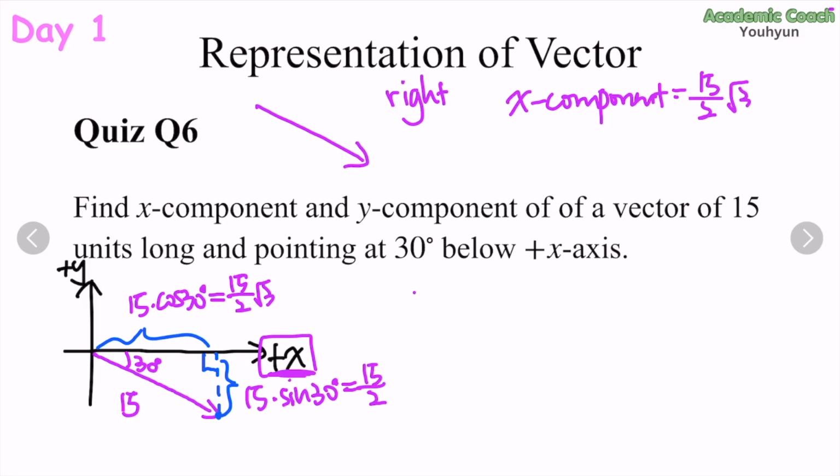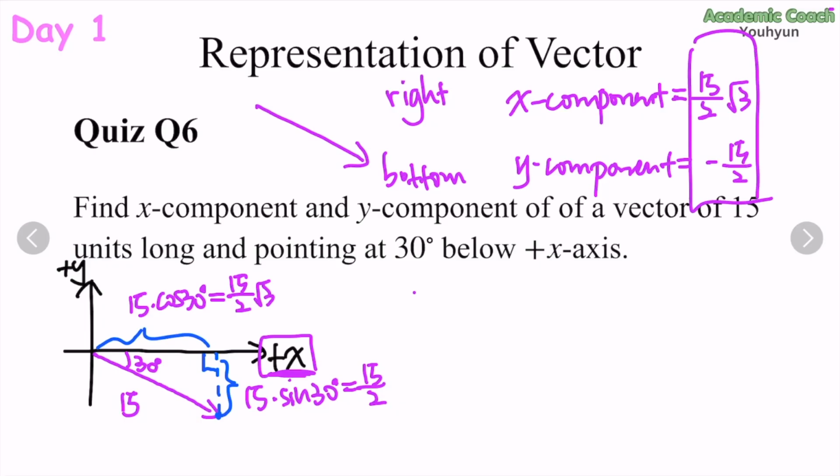While for right bottom corner, bottom or downward represents negative because upward represents positive y-axis. So that's why for y component, we need to add a negative sign and it's negative 15/2. So these two represent x component and y component of this vector.